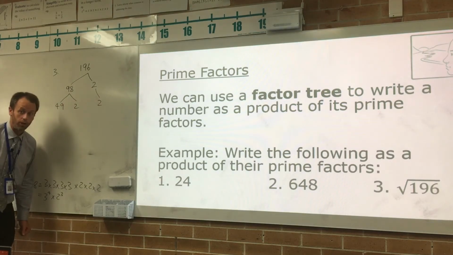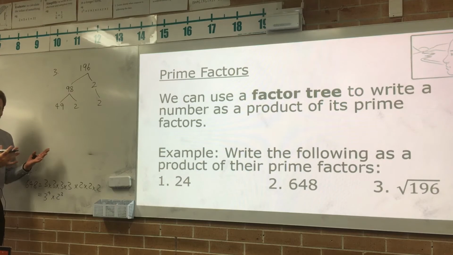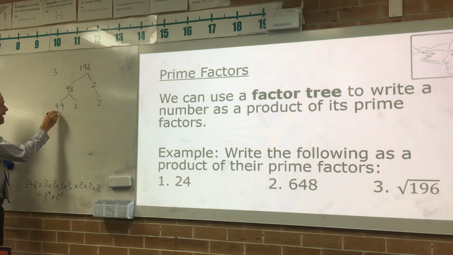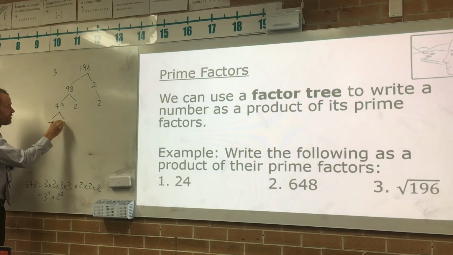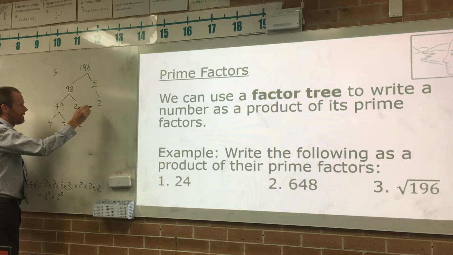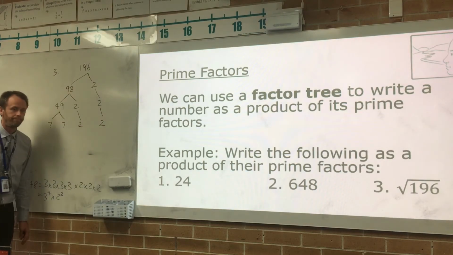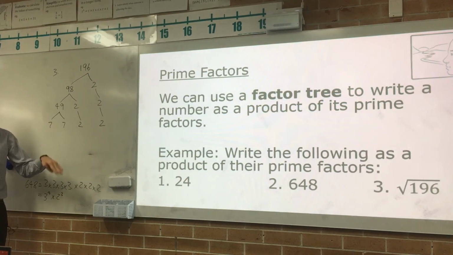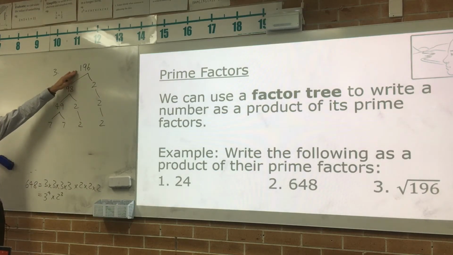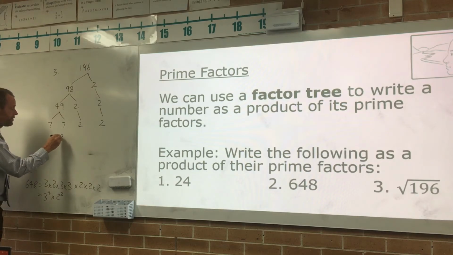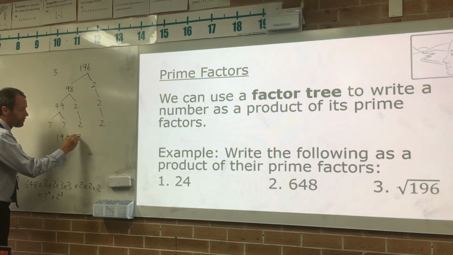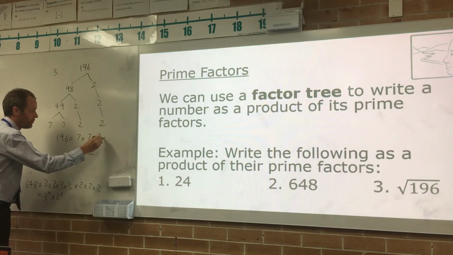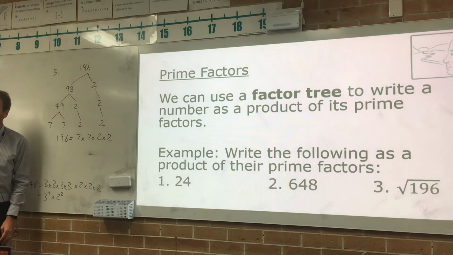And we keep that 2 going down. We also hopefully know by now, we know our times table, 7 times 7 is 49. Now when I'm finding the square root, what I'm trying to find is the number multiplied by itself that gives this answer. So 196 is equal to 7 times 7 times 2 times 2.